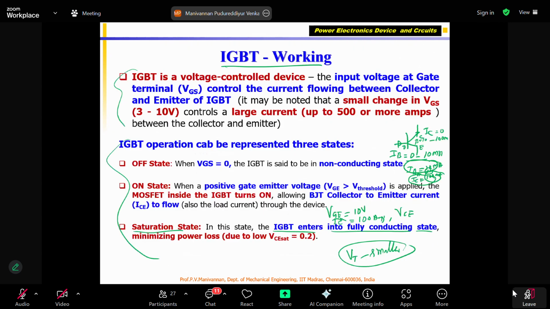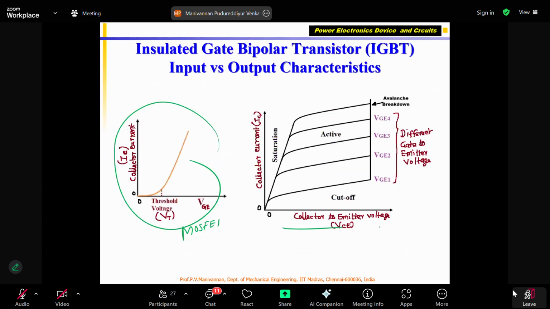Okay, fine. So this is called the collector output stage, input to output to VCE. I told you this can be 1000 volts or 400 volts, 600 volts maximum voltage, because of the output stage. And this is the collector current, correct? If I vary the VGE for different VGE levels, you can see the collector current varies like this.